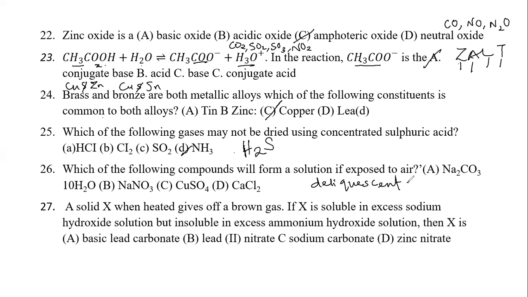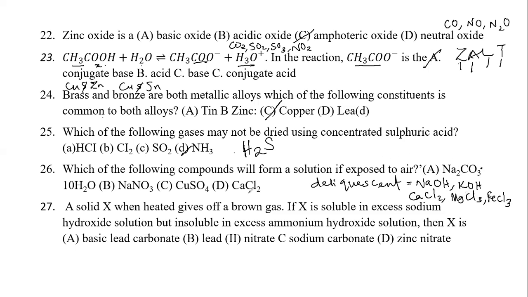Examples are the hydroxides of group 1, sodium hydroxide, potassium hydroxide, the chlorides of group 2, calcium chloride, magnesium chloride, then iron 3 chloride. Though iron is not in group 2, it is also deliquescent. So these 5 substances, when you see them, you know that they will form solution when exposed to air.